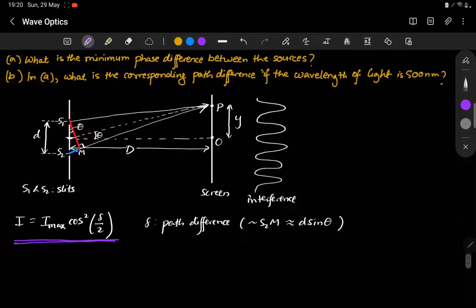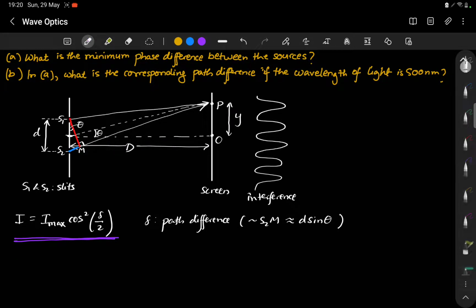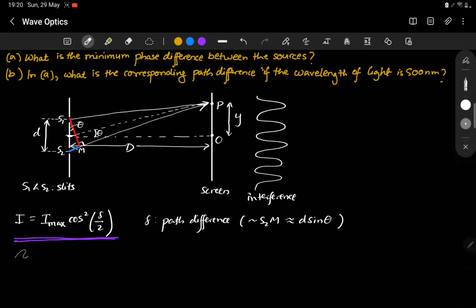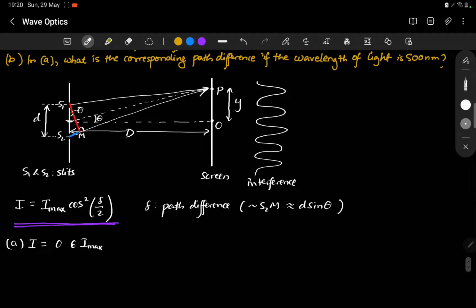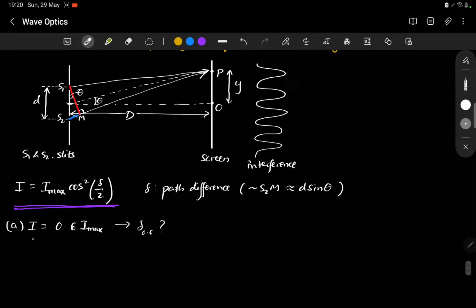Now for 60% of maximum value, we can solve the question. So we have I is equal to 0.6 times I max. For this, we want to find out delta. So we can put it in this formula.